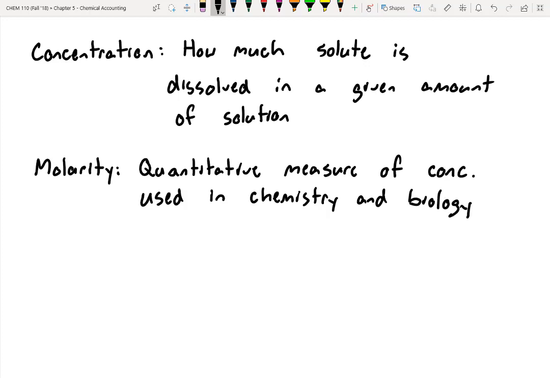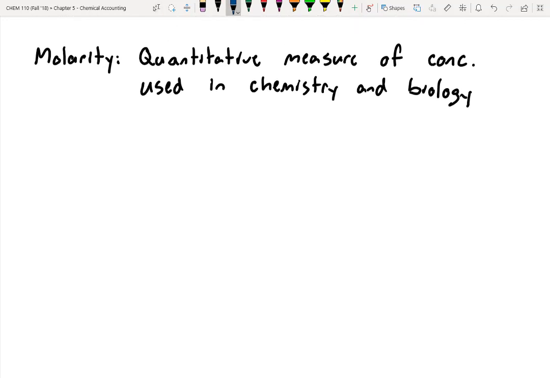But it's pretty convenient. So let's define what it is in mathematical terms. The symbol used for molarity is capital M, not lowercase m. That means something entirely different.